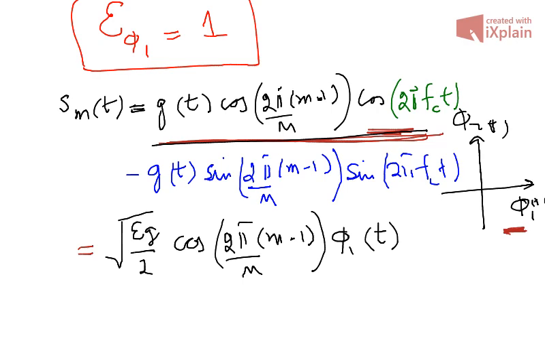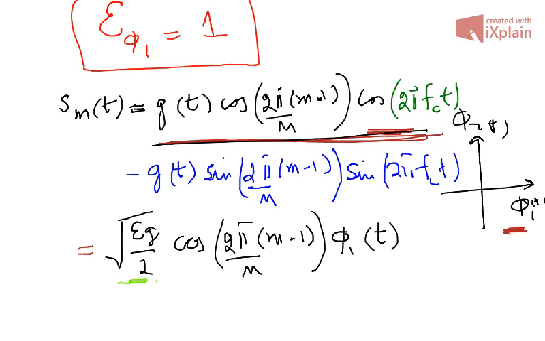Now you are familiar with the phi 1 of t, which is under root 2 over Eg and g of t. So 2 over Eg will cancel out this term, and you will be left with g of t cos of 2 pi (m minus 1) over M and cos of 2 pi f_c t.